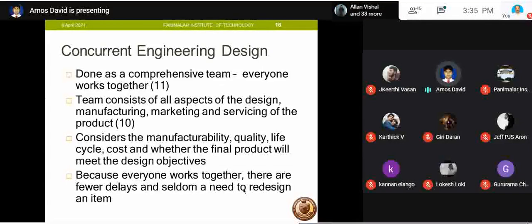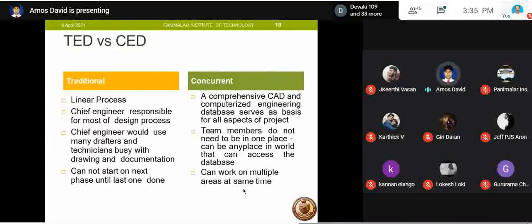They were not ready to buy a car worth 1.5 lakh. Instead, they went for a 2.5 or 3 lakh car, which they were also ready to buy. So there was a huge failure in the Nano design. All these things have to be taken into account. That is what concurrent engineering is.